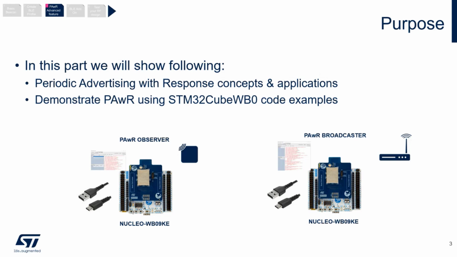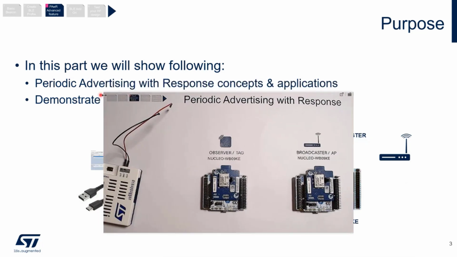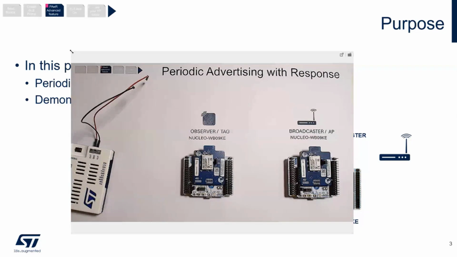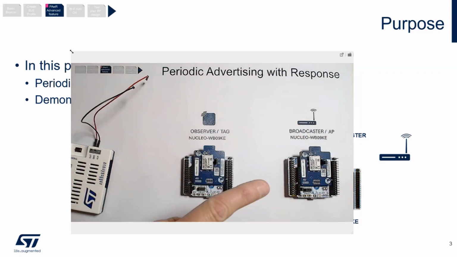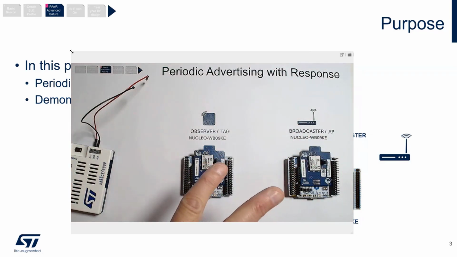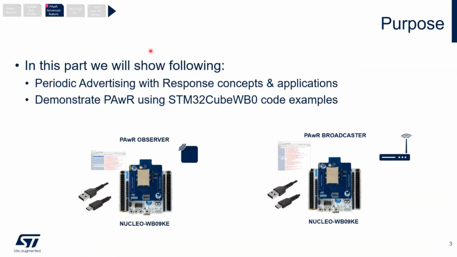What you will need in order to replicate this demo at home? First of all, as you can see on my desk here, if we are dealing with periodic advertising with response, there are two entities, one observer and one broadcaster. So that's why you will need two boards, one acting as an observer and the other one as a broadcaster. So you will need two Nucleo WB09.